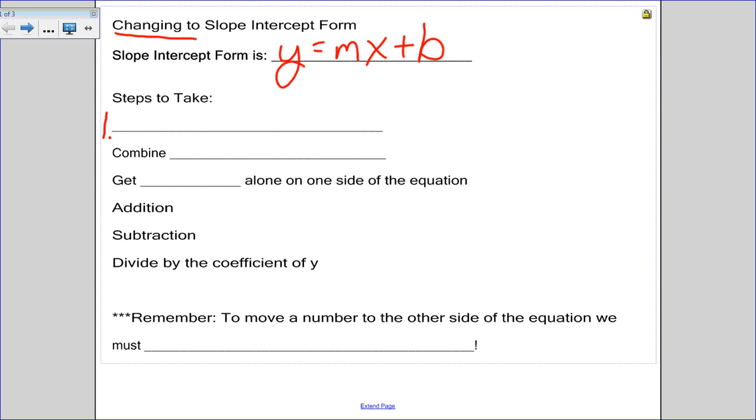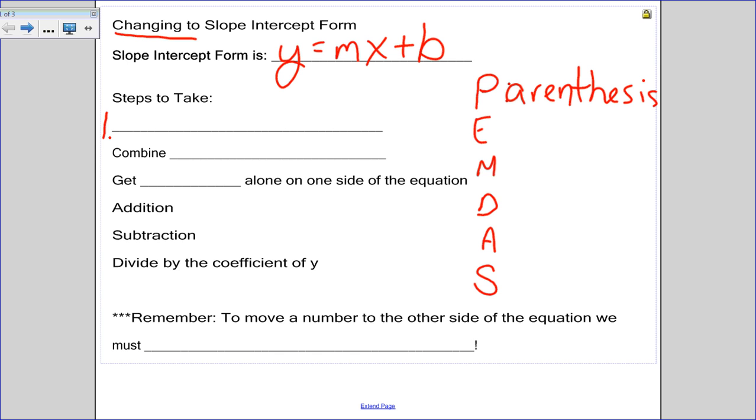You guys probably learned this a long time ago. It's please excuse my dear Aunt Sally, okay? This is any equation. The first thing that we do is parentheses, okay? We distribute. We do exponents. So if anything is squared or cubed, we look at that next.